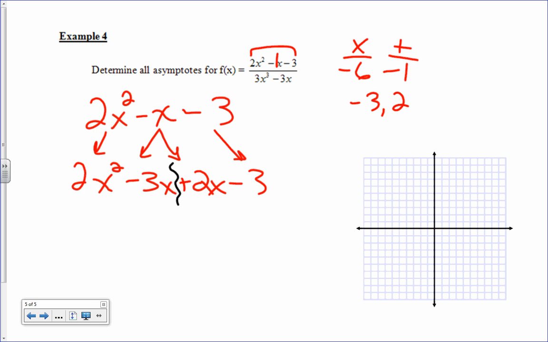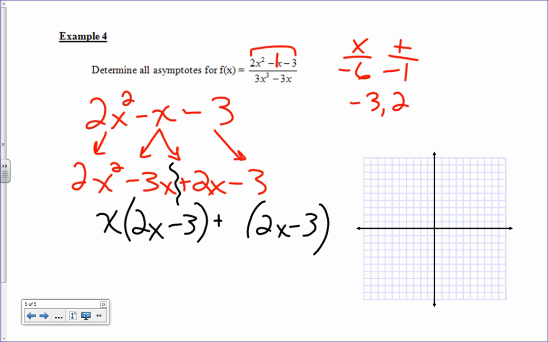Now, what do these two things on the left have in common? X, anything else? Oh, that kind of stinks. All right, so it's 2x minus 3. So we need a 2x minus 3 over here. And you have to take out a positive 1. You have to take out something. Okay, so our factors are x plus 1 and 2x minus 3. So that's what my numerator is going to become.